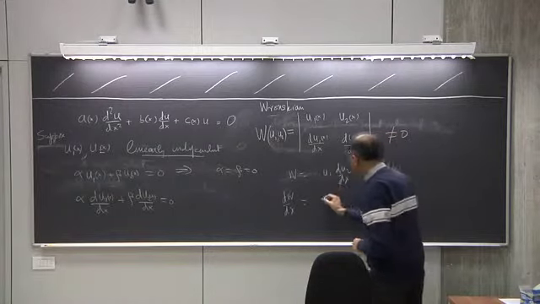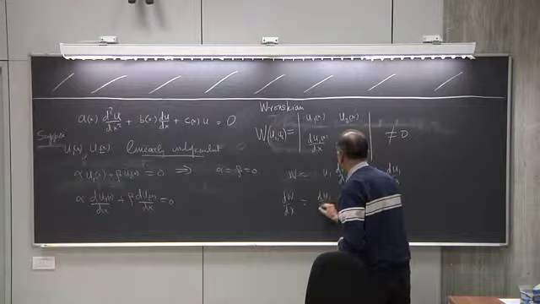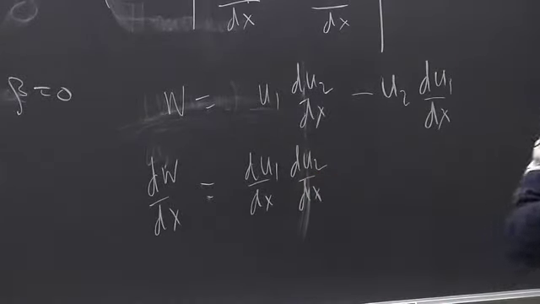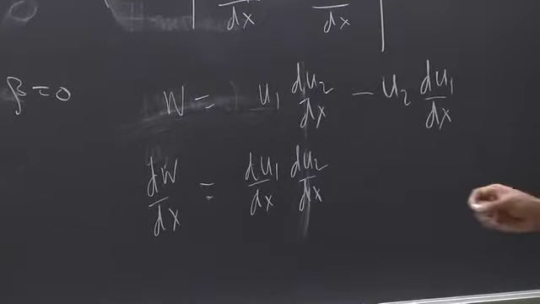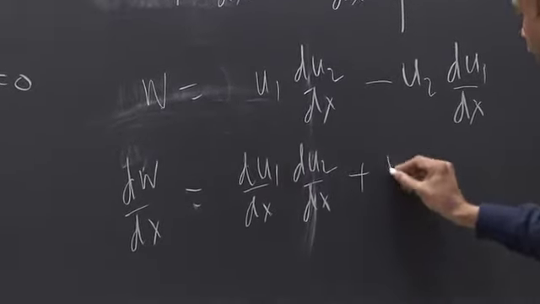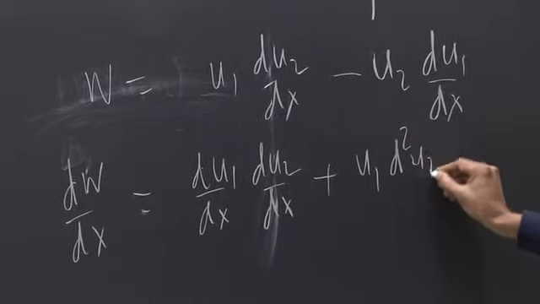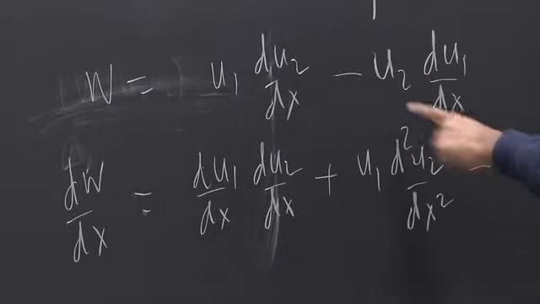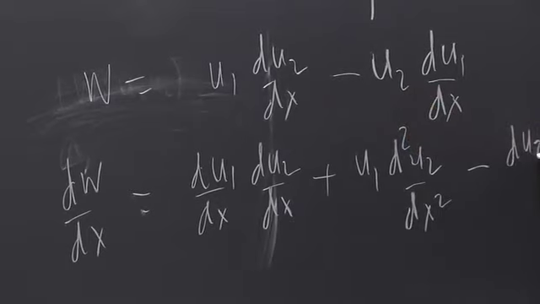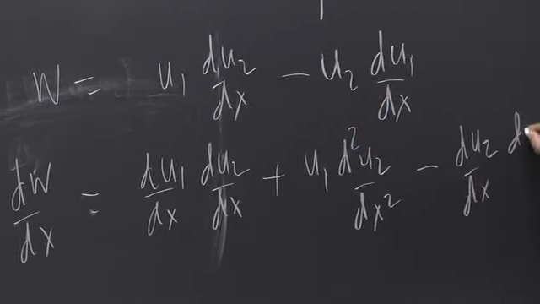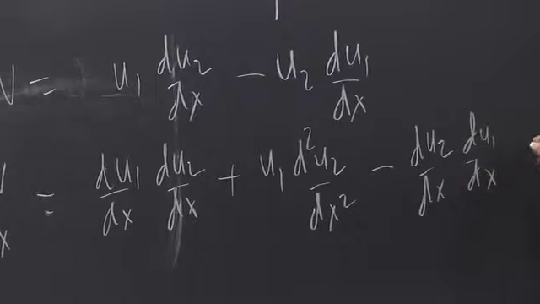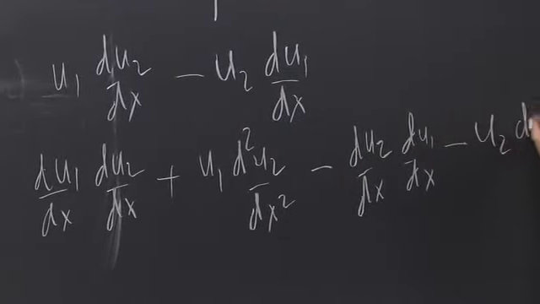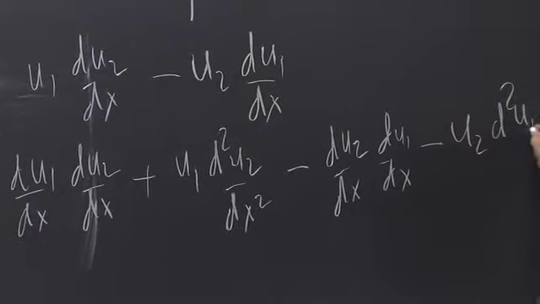When it hits here, you get du1 by dx times du2 by dx, because the derivative obeys the Leibniz rule, plus u1 times d2u2 by dx2, and then similarly minus the derivative hitting here gives you du2 by dx times du1 by dx, and when the derivative hits here, you get again the same minus sign, u2 d2u1 by dx2.